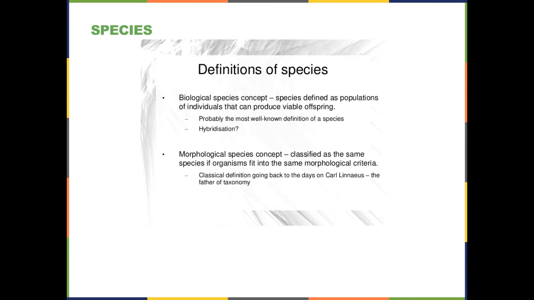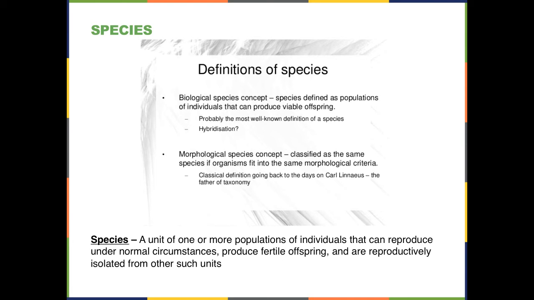Now, as I said, we were going to answer a question: what is a species? Once you get down to that last category, how do you know that there aren't further subdivisions? This is actually not as simple a question to answer as you would think.